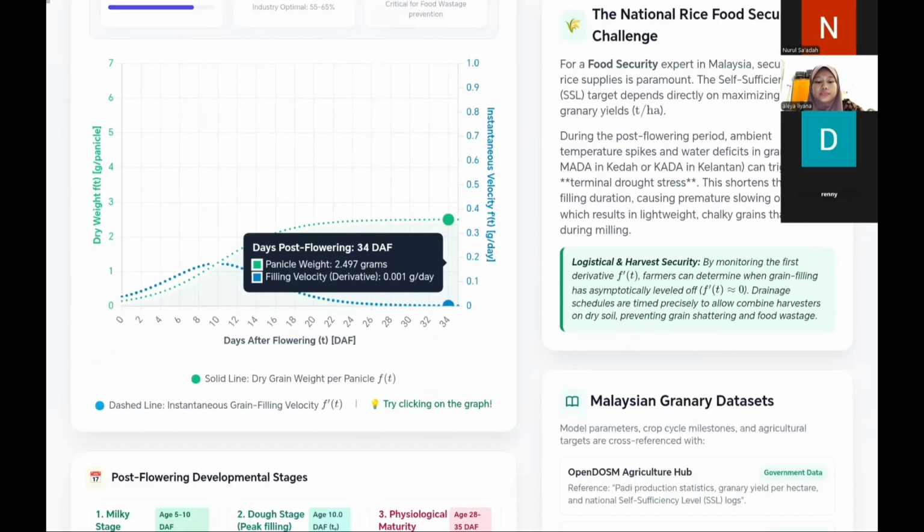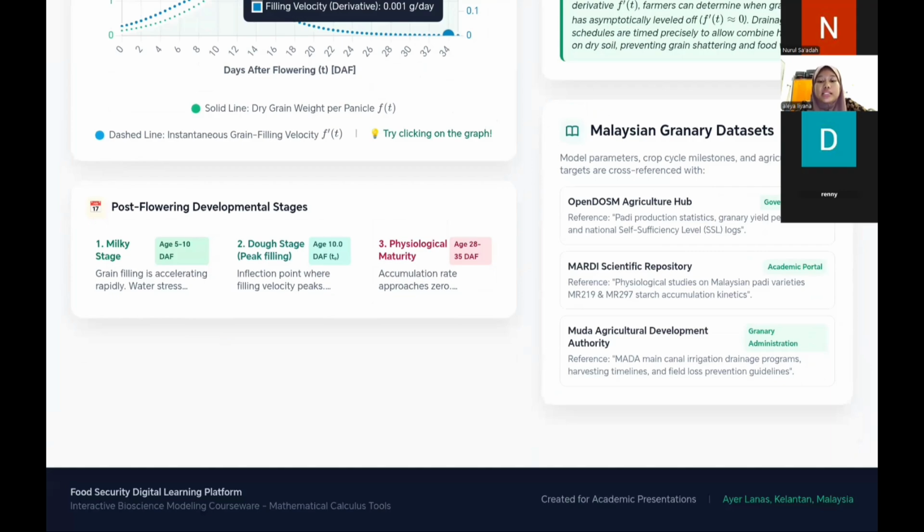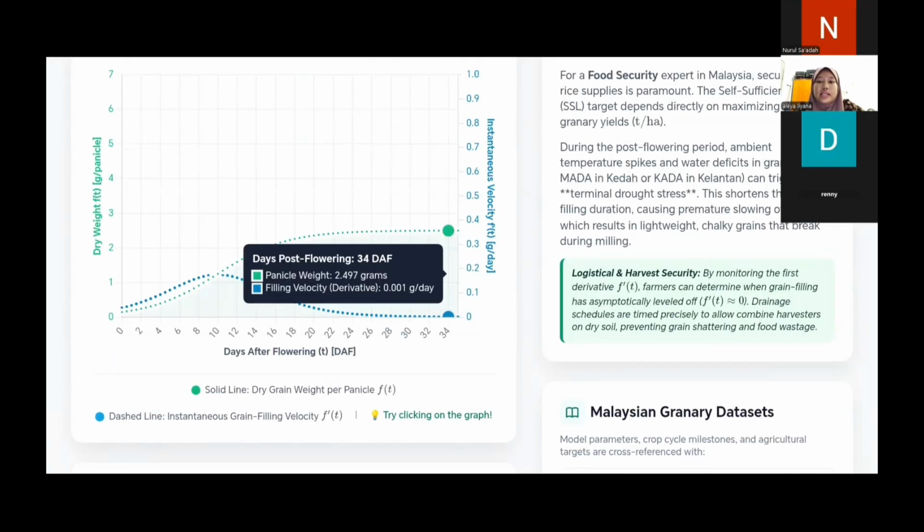To make this highly practical for field operation, the simulator translates these derivatives into three critical agronomic phases. First, the milky stage.